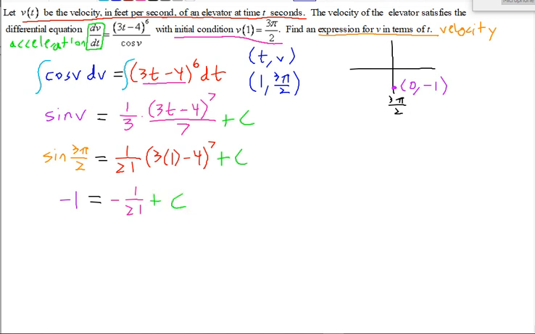And then to solve for c, you add 1 over 21 to both sides. Which would give you c equals, negative 1 is the same as negative 21 over 21, plus 1 gives you negative 20 over 21.